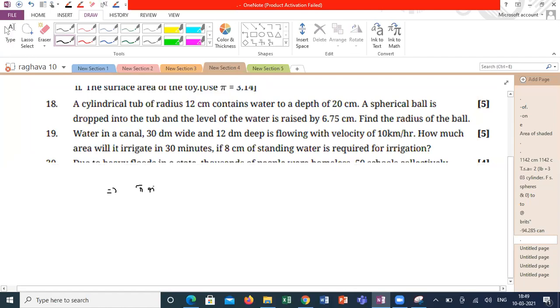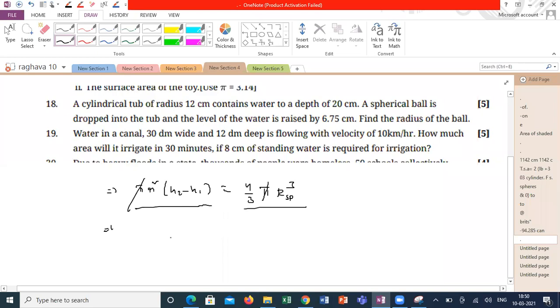Pi r square into h2 minus h1 will be equal to 4 by 3 pi r cube. Correct? This formula you are using: this is the change in volume of the cylindrical tub, and this is the volume of the sphere. Same formula used.